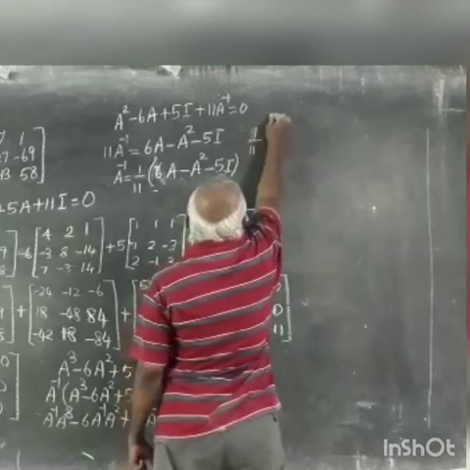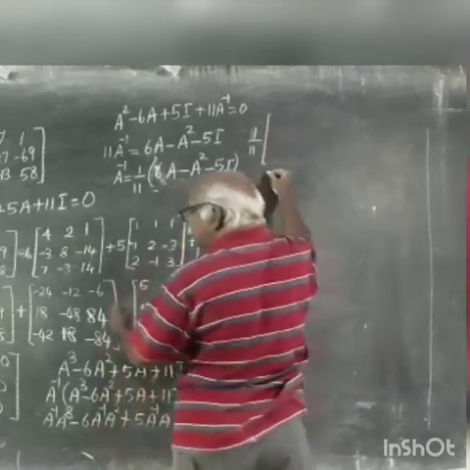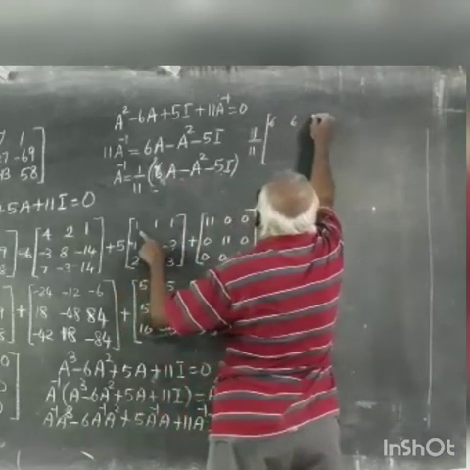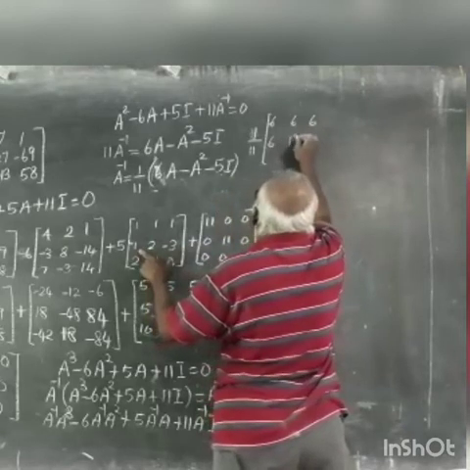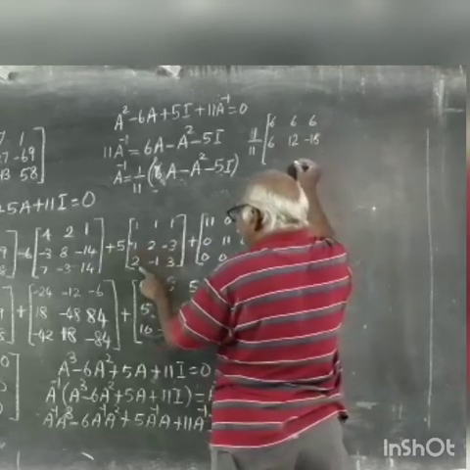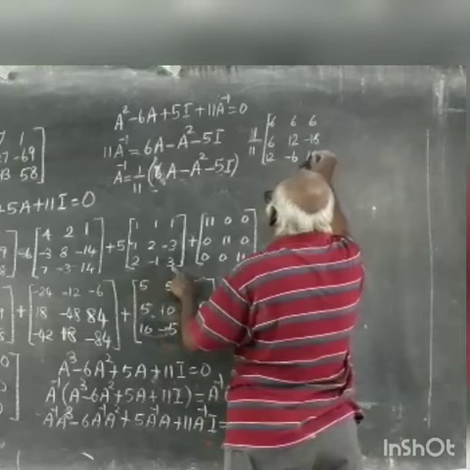What is 6A? We have to go to A. 6A: 6, 6, 6, 6, 12 minus 18, 12 minus 6, 18.